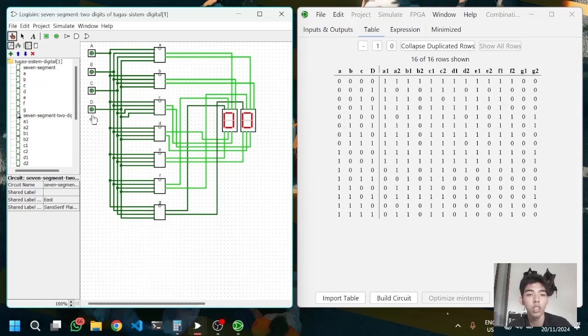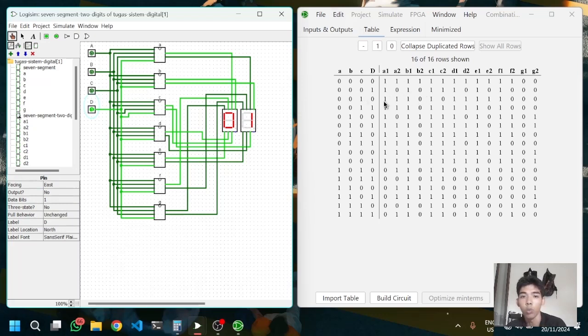So let's try number 1. Okay, 1 is this. On the A1 should be G2 only. G2 only, that's 0. Yeah, okay. And B, C only. So on B2, B and C. Yep, that is B and C. Yeah, okay, it's correct.